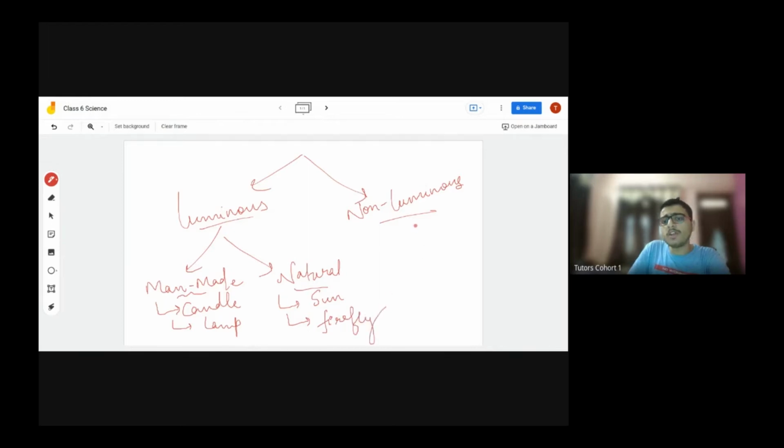And non-luminous objects, we have n number of examples, which do not emit light. For example, would you people like to give some examples? You can also write in the chat box, or I would appreciate it if you turn on the mic. That's always great. So, any examples of non-luminous objects?